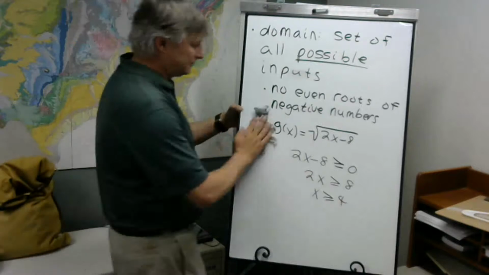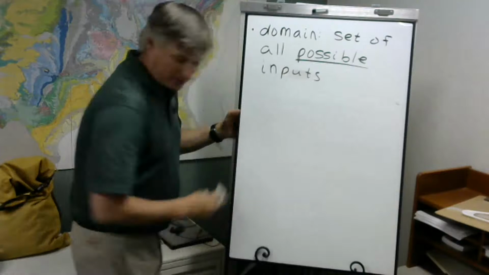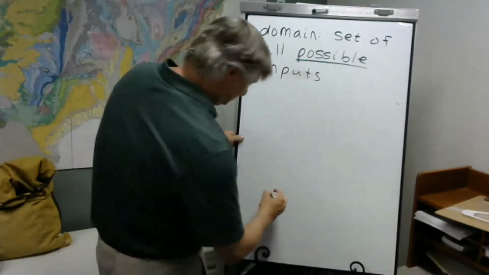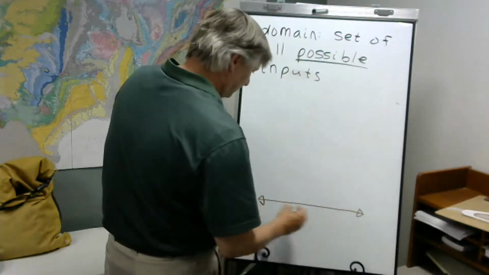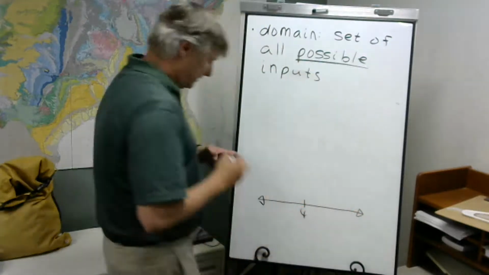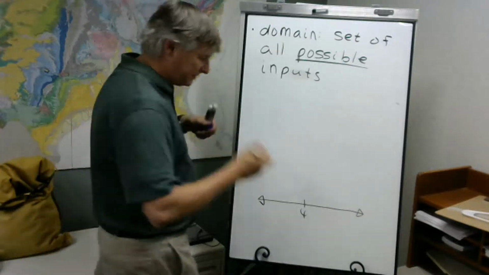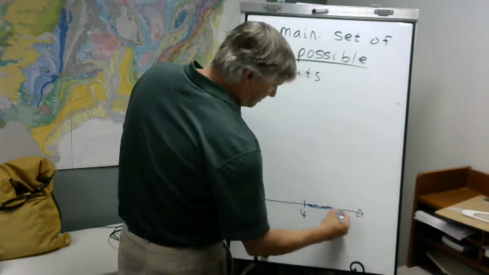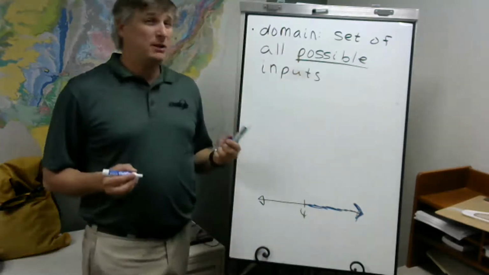So what that means for a domain, here's 4, greater than is always to the right. So that means this side. And we can be equal to 4.